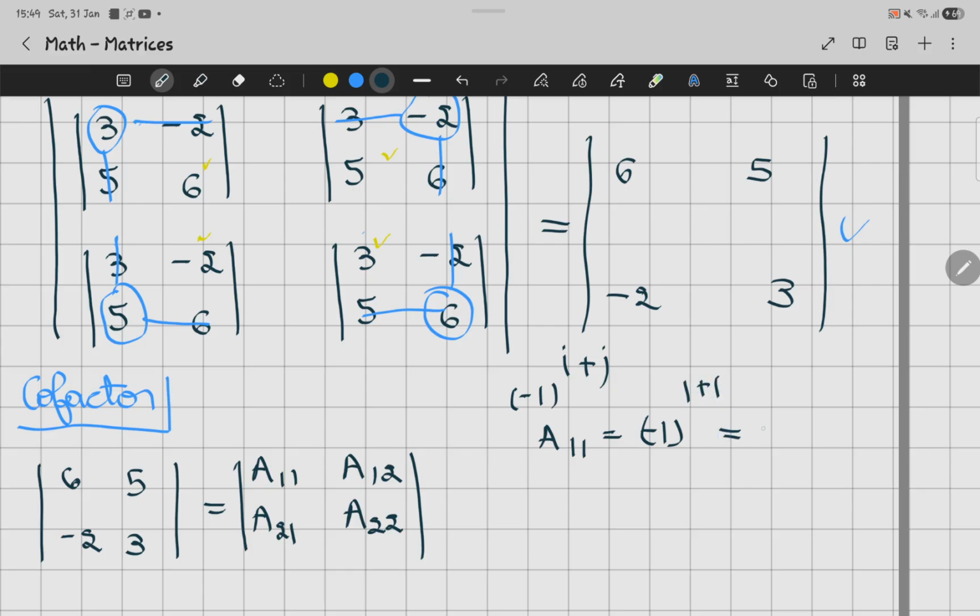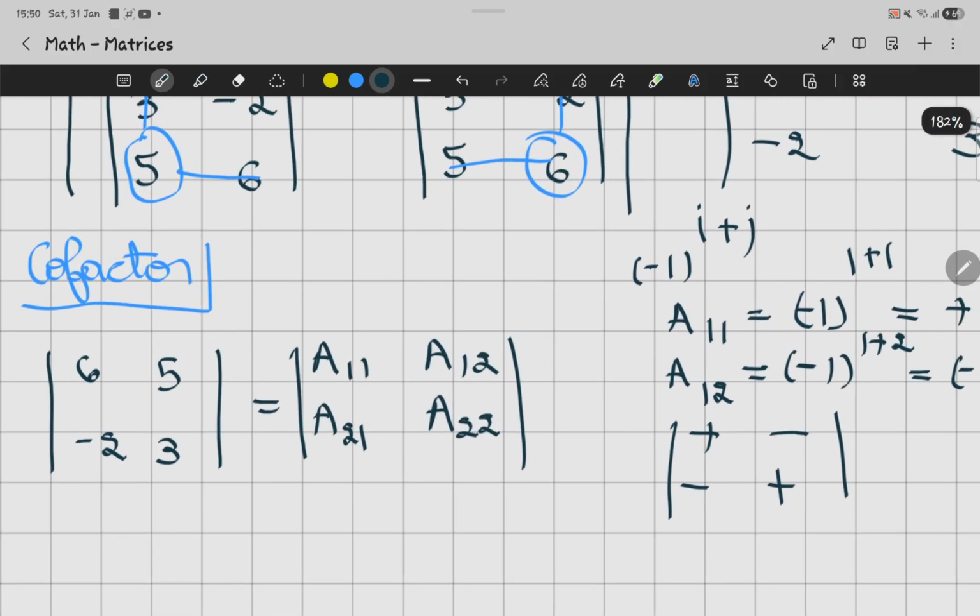It's just a matter of finding the sign. If I try a12, it should be 1 plus 2, which gives me -1 to the power of 3, which gives me -1. So in short, I'll get positive, negative, negative, positive. That's what I'm going to get here.